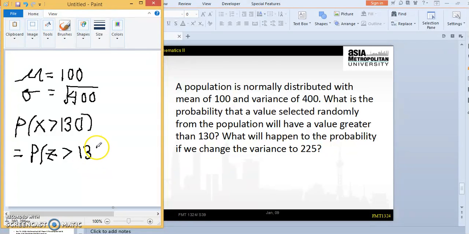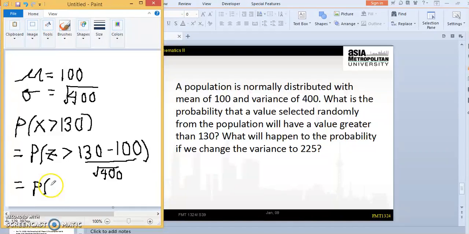This is your x, so you follow the formula to convert it into z: minus your mu, divided by your standard deviation, square root of 400. If you try to calculate this, you will get P of Z greater than, let's have a look at this.